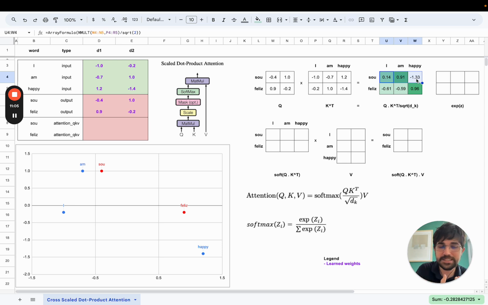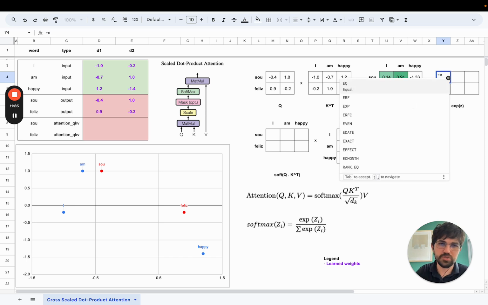So it's like a percentage contribution. And we need to use this exponential function because sometimes we'll have negative values and sometimes positive values. So the idea here is to use the exponential equation in order to convert all of those values into positive values. So this is what I'm going to do here.